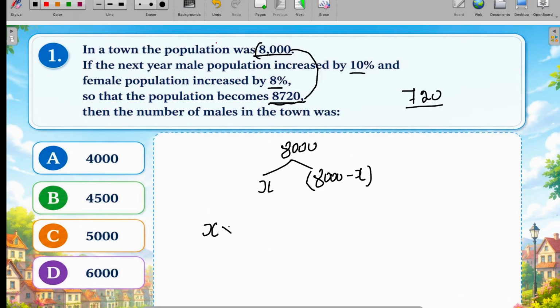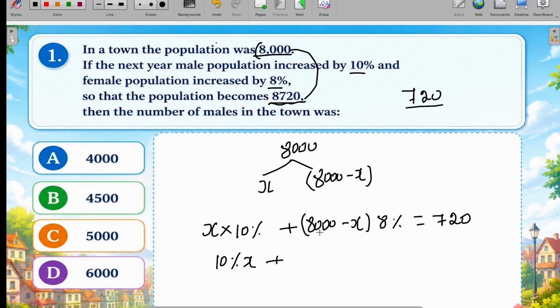Initially males are X, with a 10 percent increase. No need to write 110 because I'm writing an equation of how much changes. You can write it one more way also; I will explain both. Females will be 8,000 minus X, increased by 8 percent. The overall change compared to initially is 720. So 10 percent of X plus 8 percent of 8,000, that is 640, minus 8 percent of X, is equal to 720.